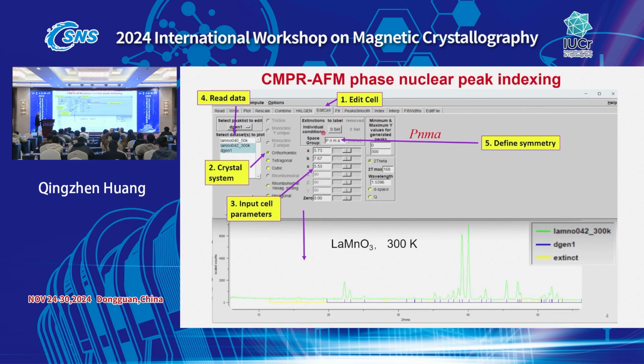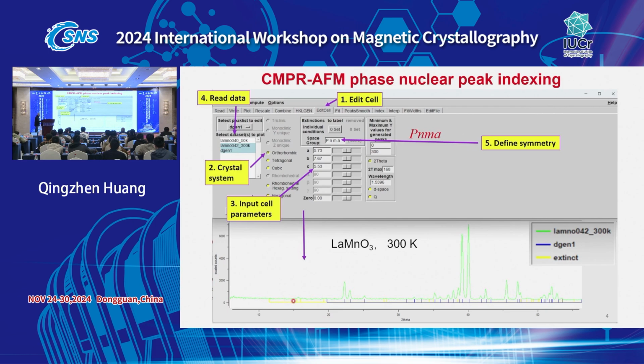This will give you some of the extinctions. For example, this is LaMnO3 at 300 Kelvin. All this green one is space group Pnma. This space group allows black peak positions. And as you can see, all the peaks are indexed by this lattice parameter and space group.